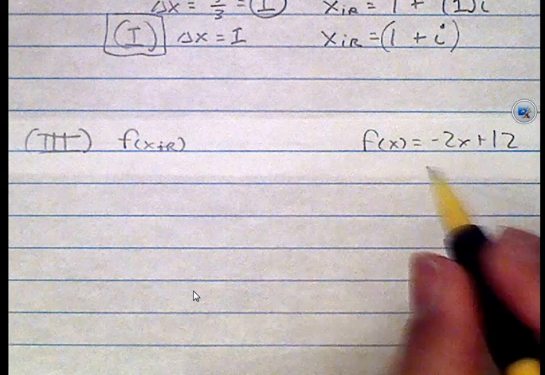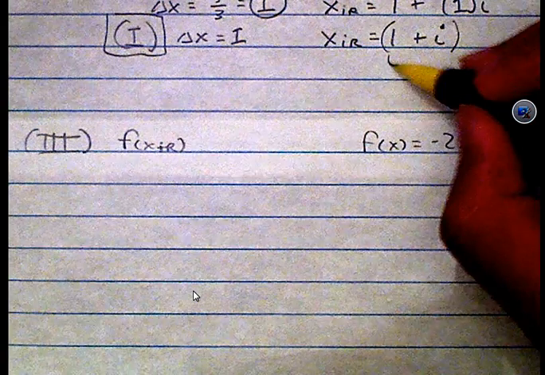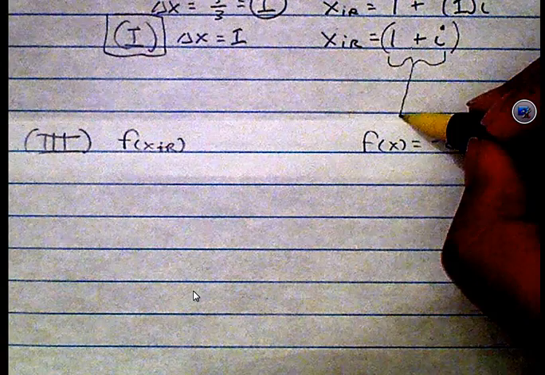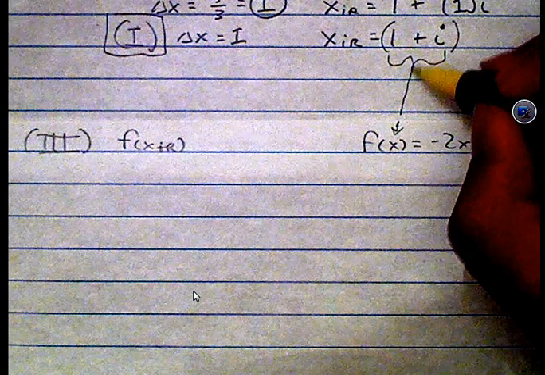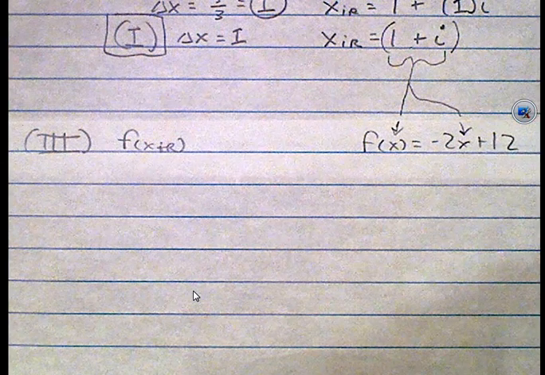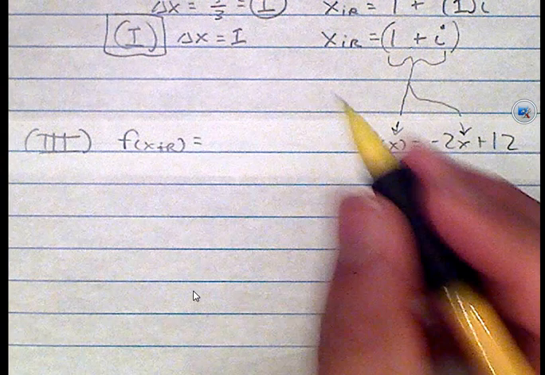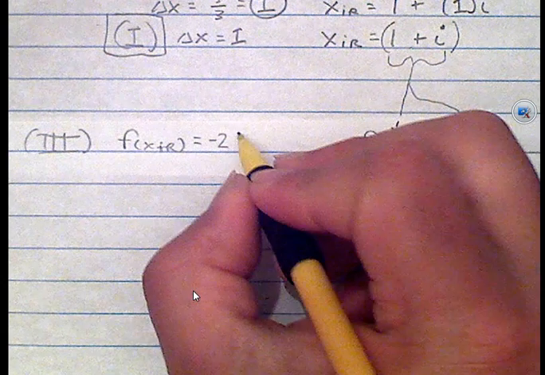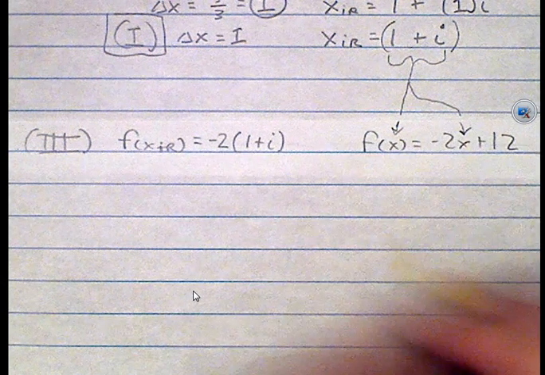Alright, so for f of x of IR, we're going to substitute I plus 1 into whatever the x was. So really it's going to go right there, into the negative 2x plus 12. So f of x of IR will equal negative 2 times (1 plus I), replacing the x, plus 12.